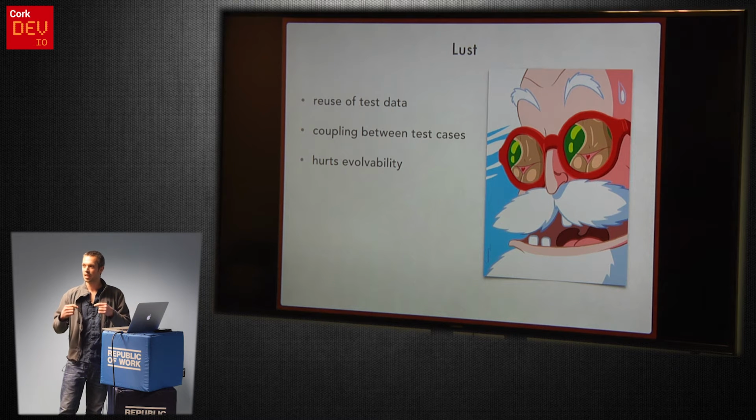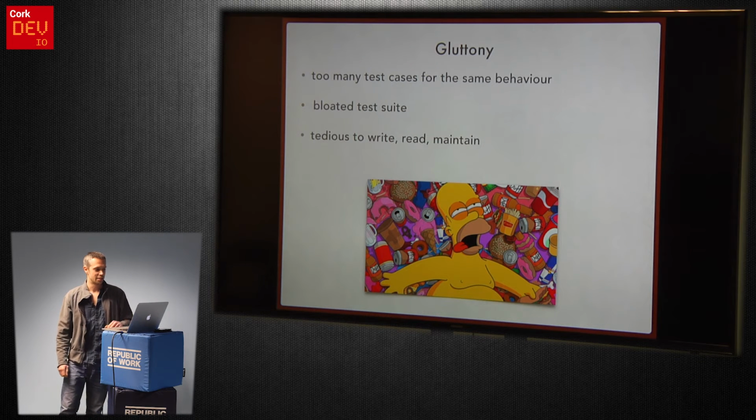Not between the tests themselves, but because they use the same test data. Maybe you realize you need to add a new test case, and you need this particular test data to be slightly different. Do I create more test data? How do I get away from that? So you get some coupling, and in a way, it hurts your code's ability to evolve, right? So that's for lust.